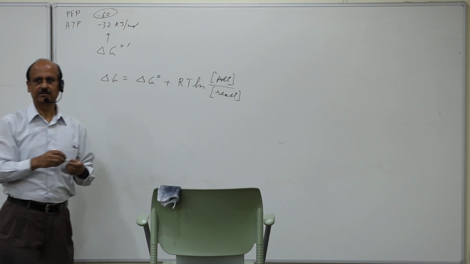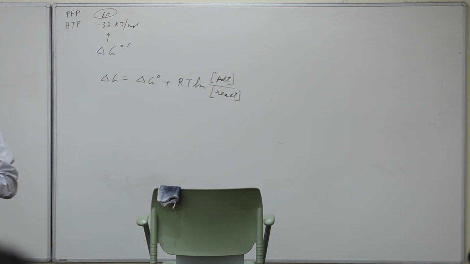The actual free energy of any reaction, delta G, is decided by the standard free energy plus the ratio of the products and reactants, right? So it's not always the same delta G value for all conditions. It depends on the concentration of the reactants and products.